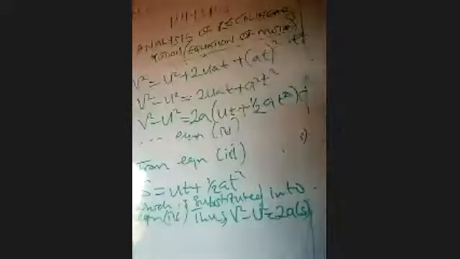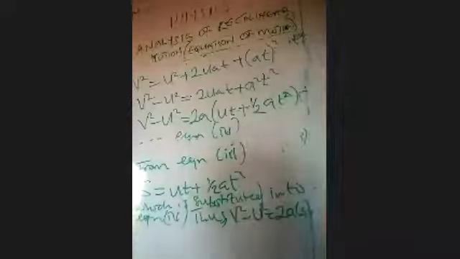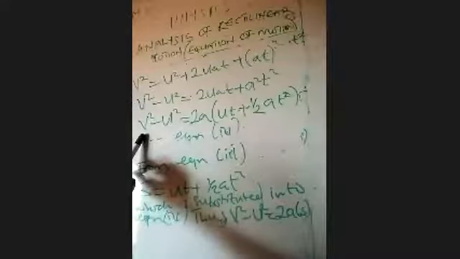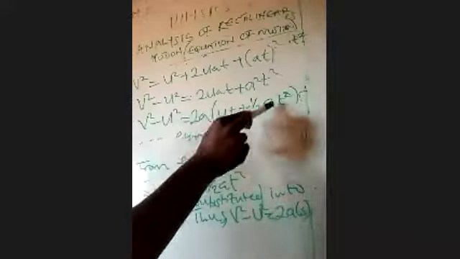Let me put light on this. From equation 3, s is equal to ut plus half at squared. Equation 3 is substituted into equation 4. This is our equation 4: v squared minus u squared is equal to 2a bracket ut plus half at squared.